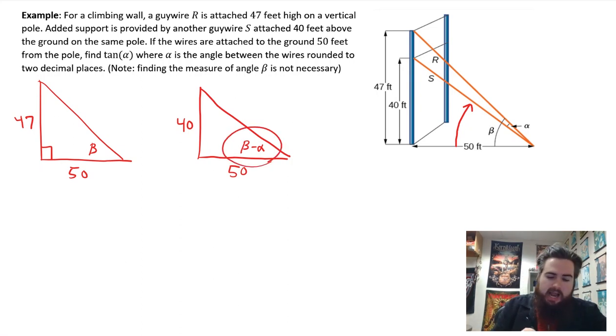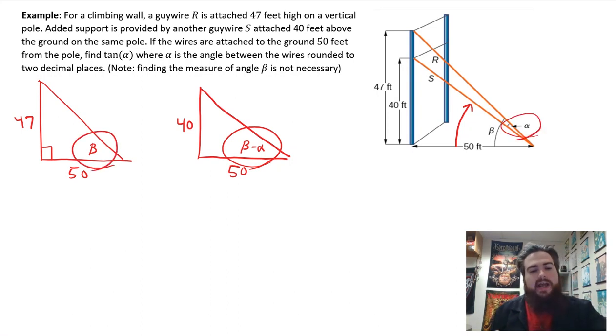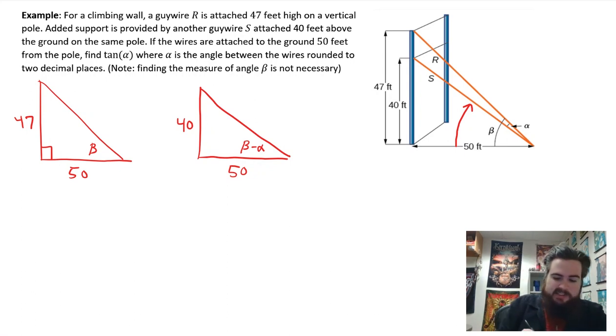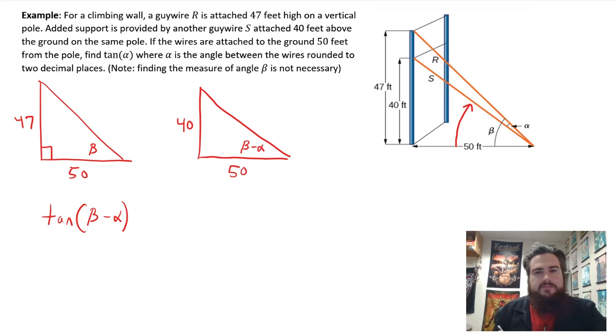Well, I know beta minus alpha, I know beta, and I want to figure out alpha. We do have the identities for tangent, the sum and difference identities that can allow us to start to connect these. Specifically, since I see beta minus alpha, might as well use tangent of beta minus alpha.